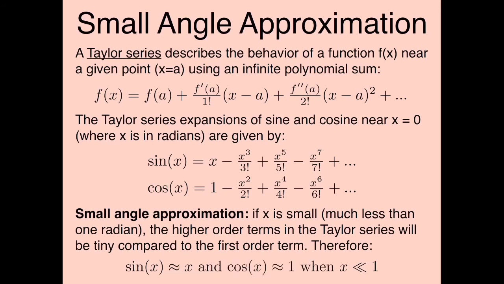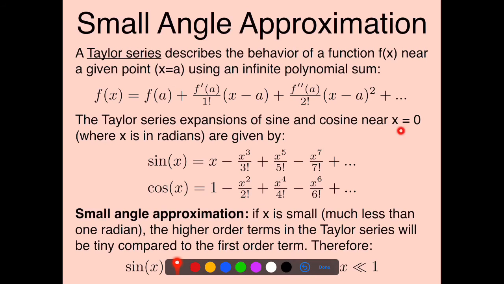We're not going to work out how to actually compute the Taylor series. We're just going to show the result for sine and cosine near x equals 0. And just to be clear, x is an angle measured in radians, okay? So sine of x is going to be x minus x cubed over 3 factorial plus x to the 5th over 5 factorial minus x to the 7 over 7 factorial.